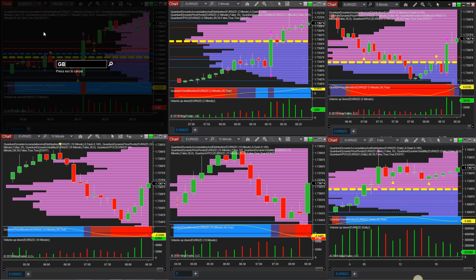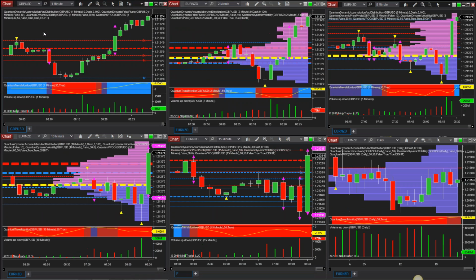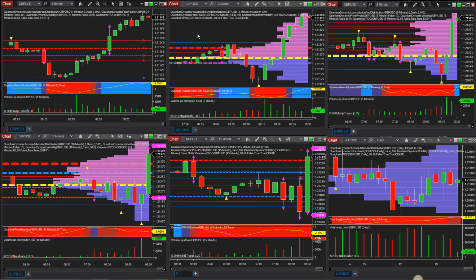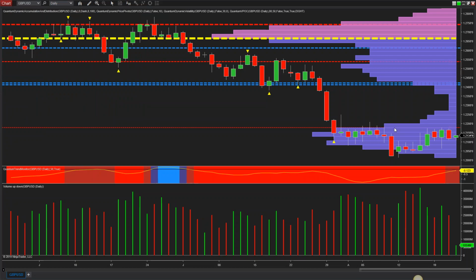Let's just go back to cable. The volatility candle still building. We've got the volatility candle on the 10-minute as well. And that's where we are in terms of the daily. Remaining very bearish.